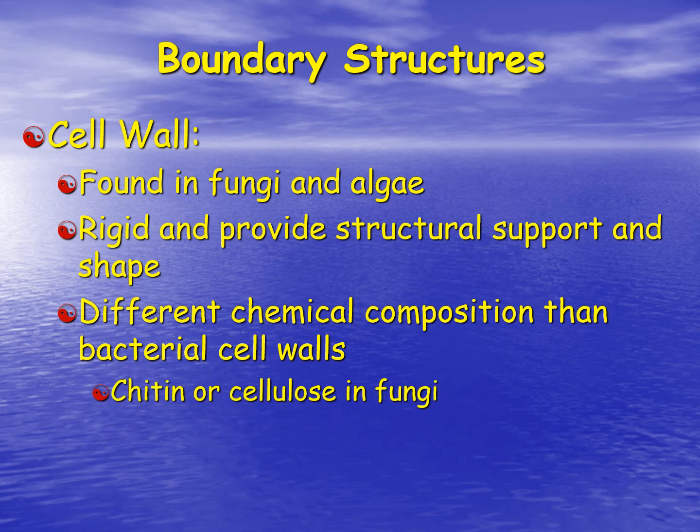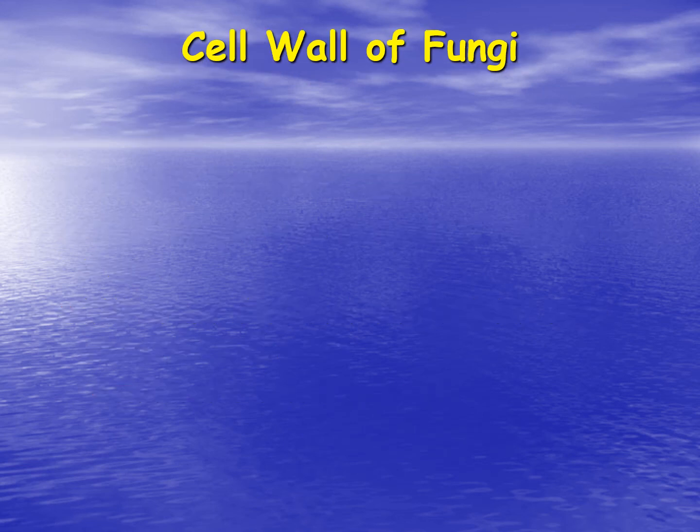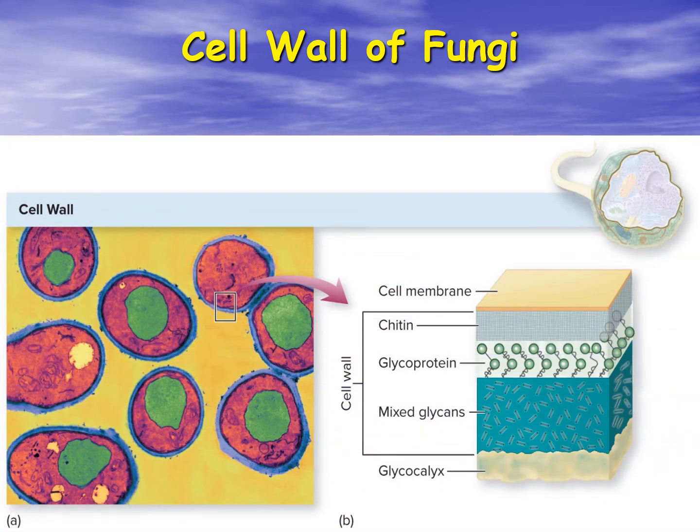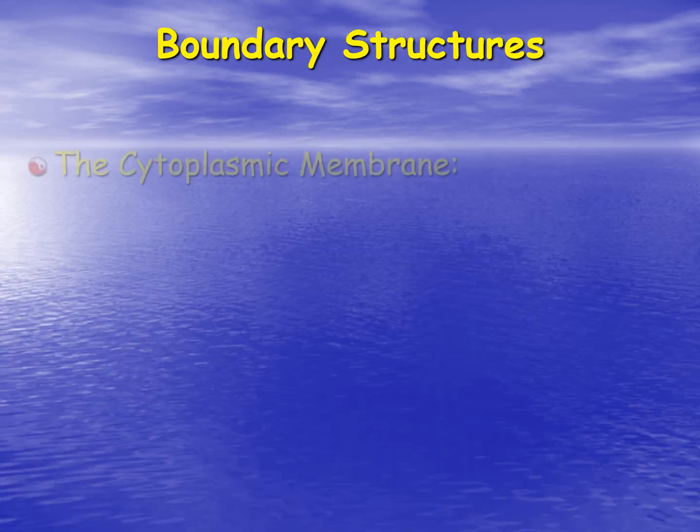Primarily, we find chitin or cellulose in fungi, and we certainly saw cellulose in plant cell walls. So this actually represents the cell wall of a yeast body here. And so we have the glycocalyx, we have the mixed glycans, glycoproteins, and then actually chitin that forms this cell wall of this particular yeast.